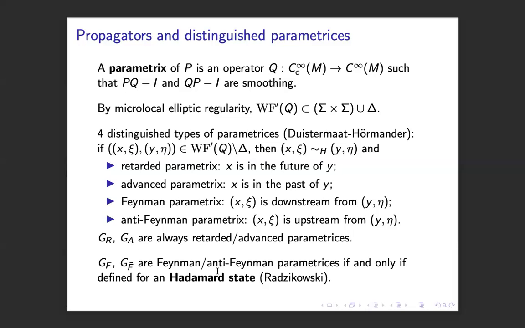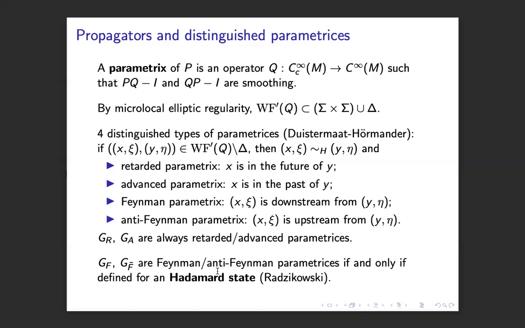But the Feynman and anti-Feynman propagators, remember, were state dependent. And it's a result of Radzikowski that they're going to have the correct singularity structure only if they're defined for a state which satisfies the Hadamard condition, which is basically a version of the condition that you have finite energy density everywhere, physically speaking.